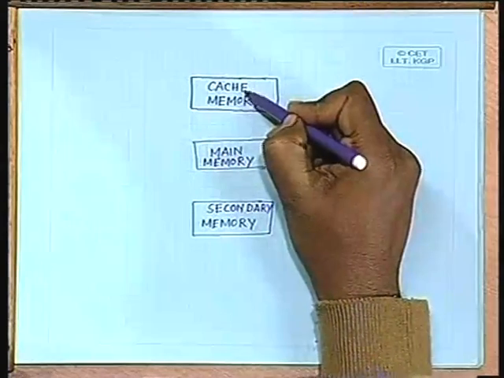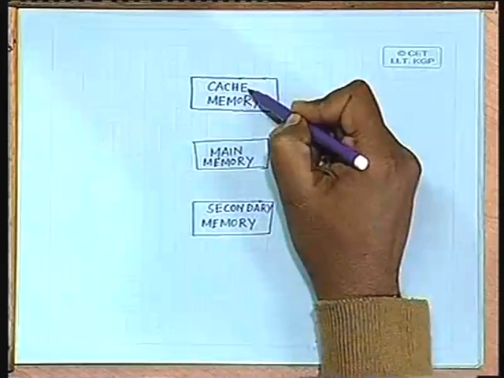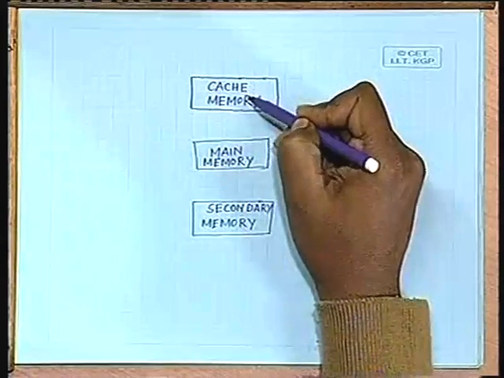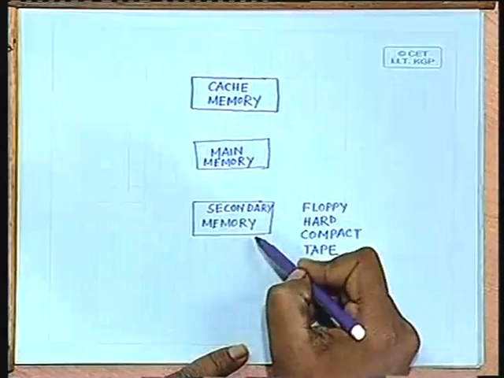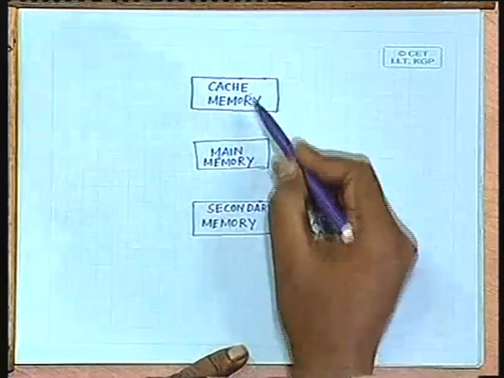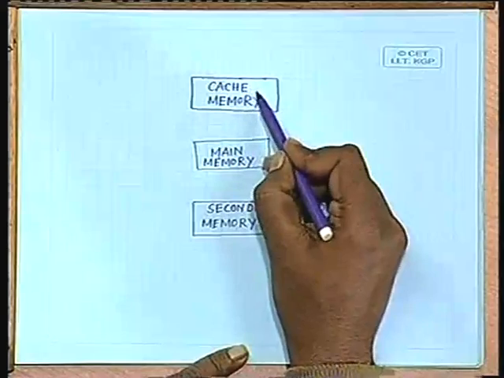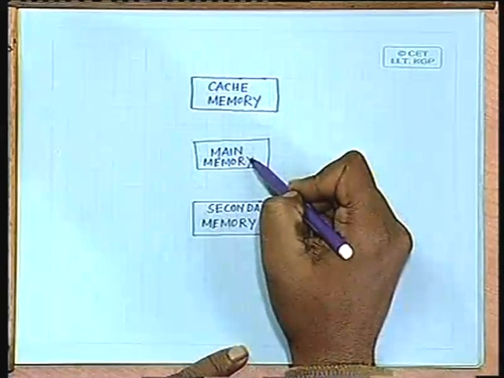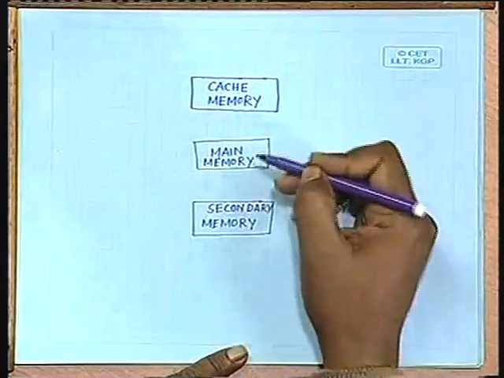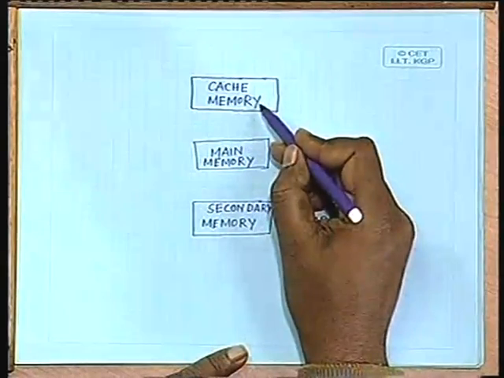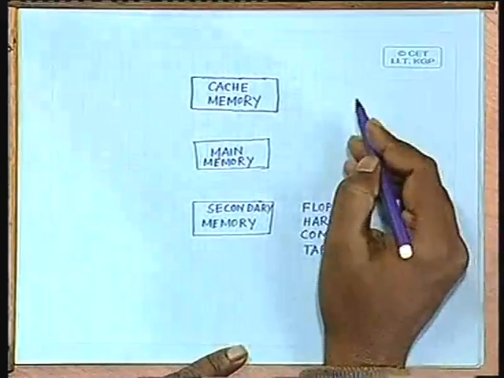Now, this cache memory and main memory, the CPU has direct access over the cache memory and main memory, but the CPU does not have direct access over the secondary memory. So, if the data is neither available in the cache memory nor in the main memory, then data has to be read from the secondary memory, and then it has to be put in main memory or cache memory, and then only the CPU can access it.